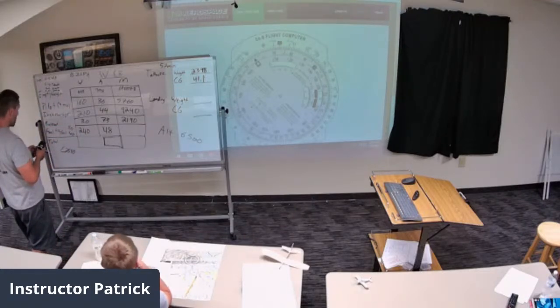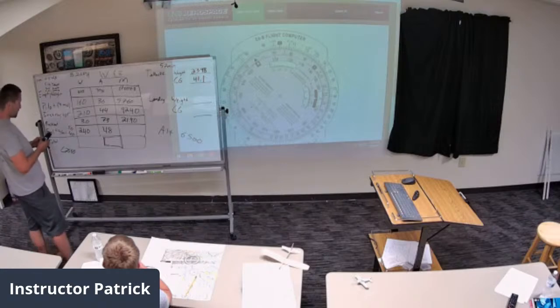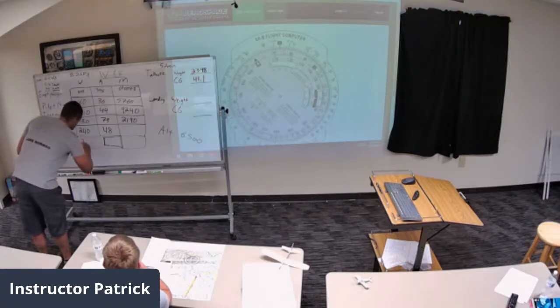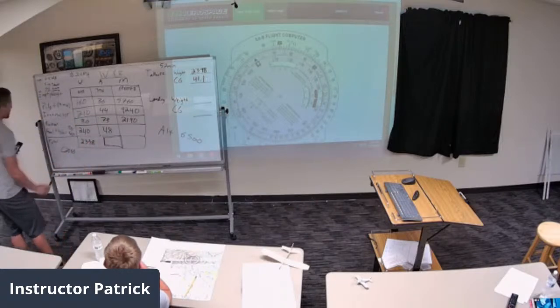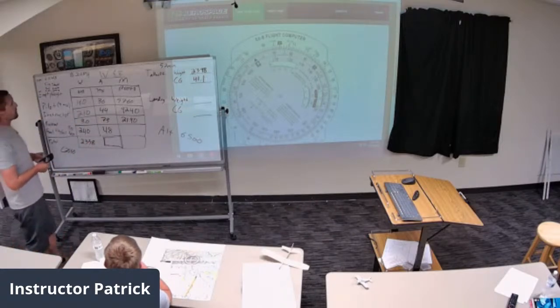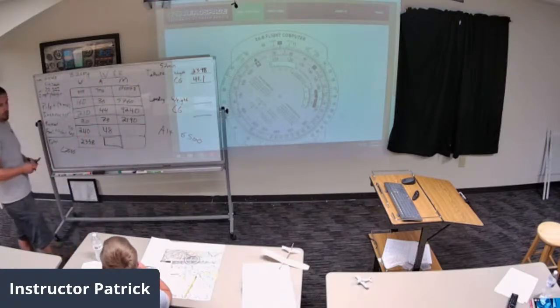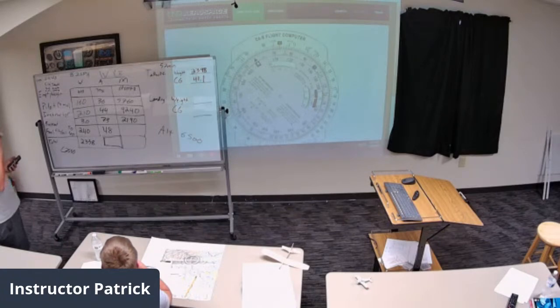So 1698 plus 160 plus 210 plus 30 plus 240 equals 2338. Again, that's good because that's under 2550. And it's also good because it's under the takeoff weight, which means that we did the math right.